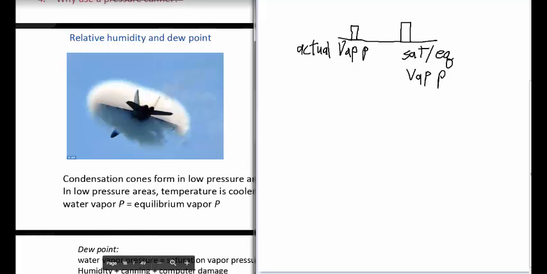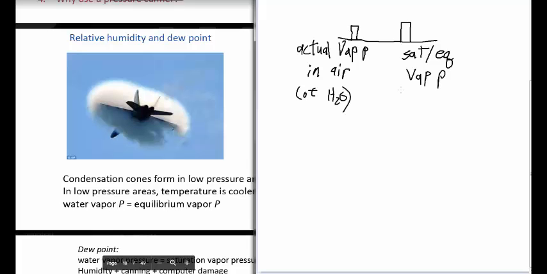The more important thing to understand is that you get condensation when the equilibrium vapor pressure, or the saturated vapor pressure, goes below the actual vapor pressure.